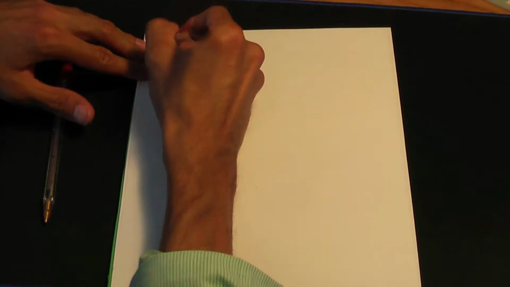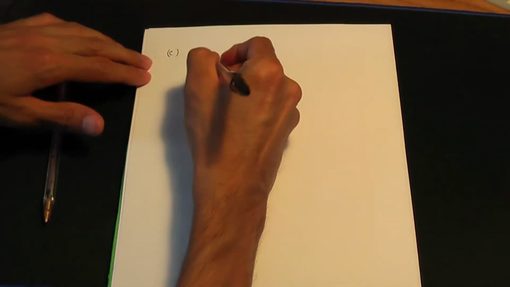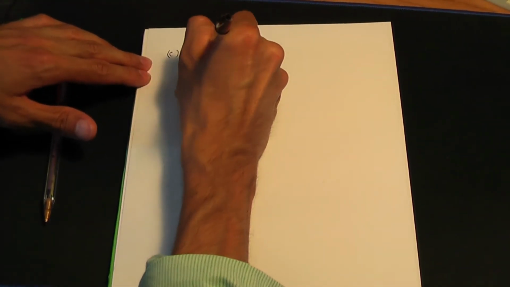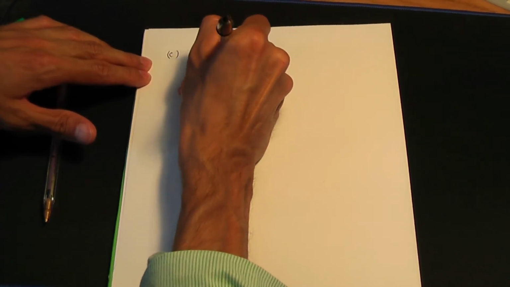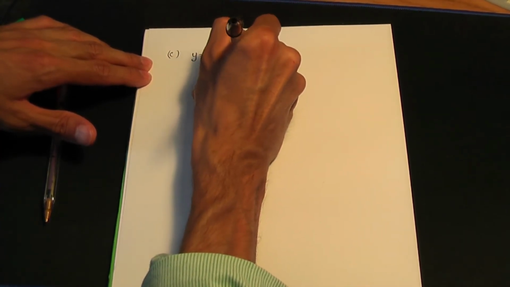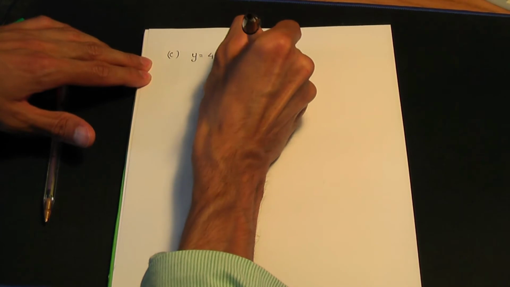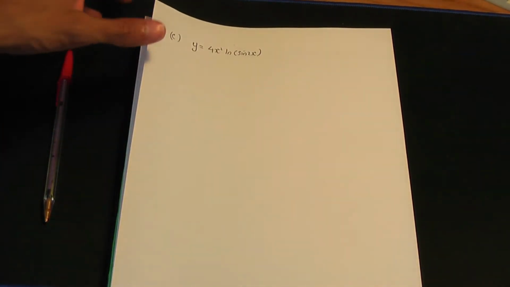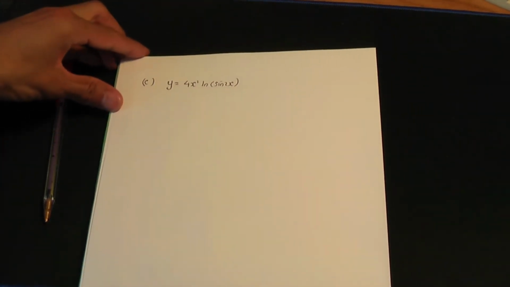Let's try another one. Part C. Let's differentiate y is equal to 4x squared ln sine 2x.